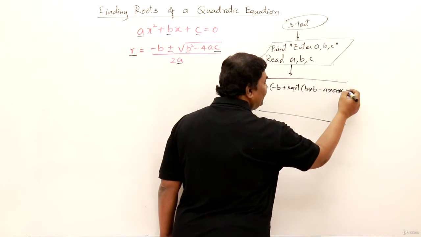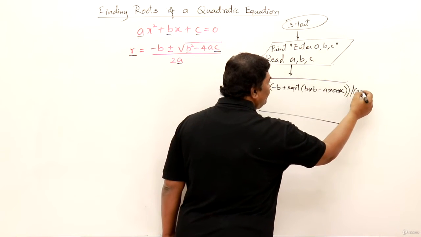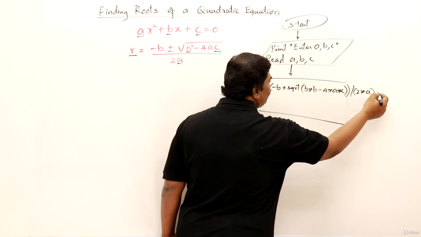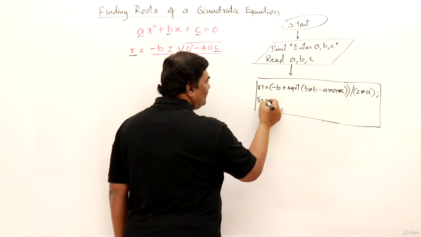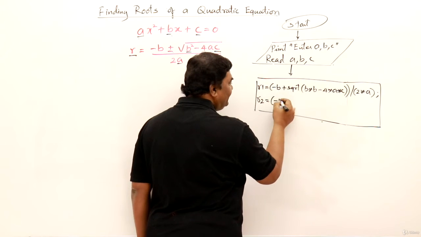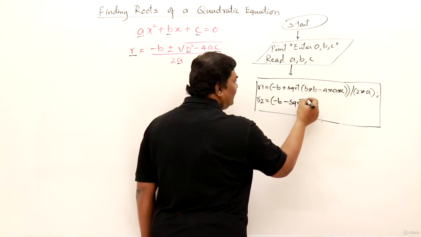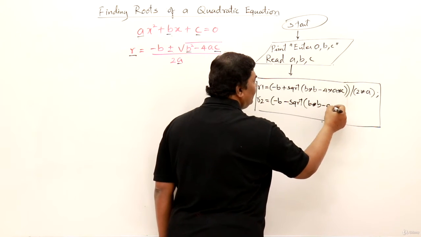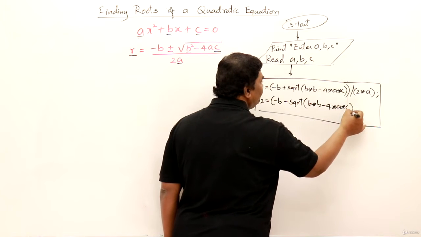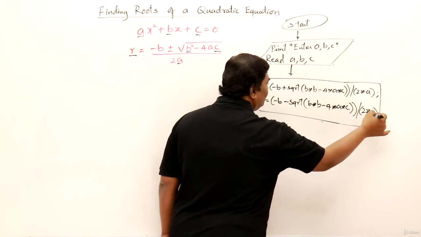Then this whole thing should be divided by 2 into a. Yes, this is the first one. In the same way root 2, everything is the same: minus b, instead of plus this is minus, square root of b into b minus 4 into a into c, then divided by 2 into a.